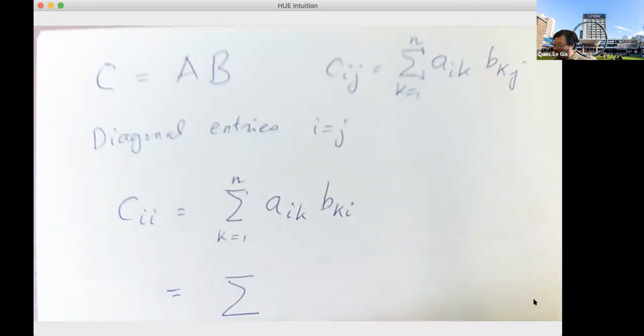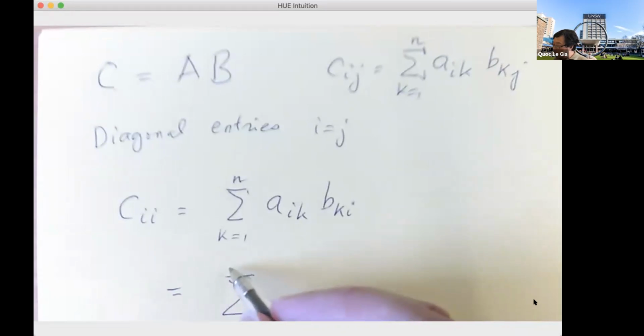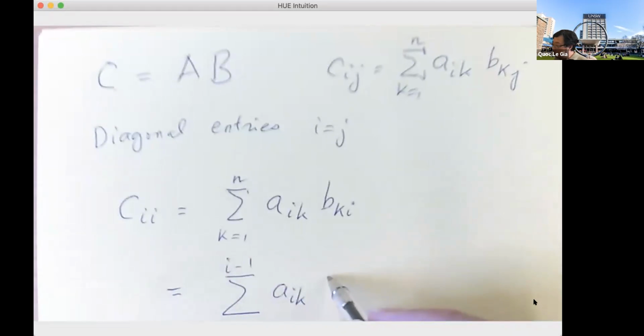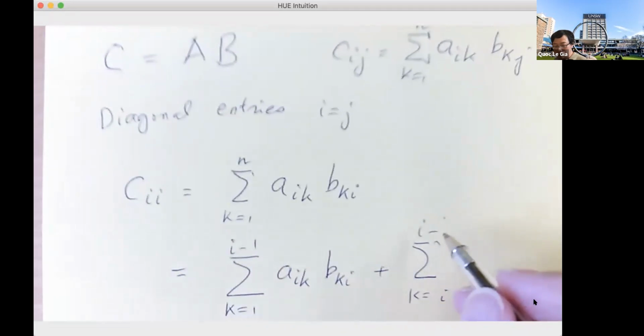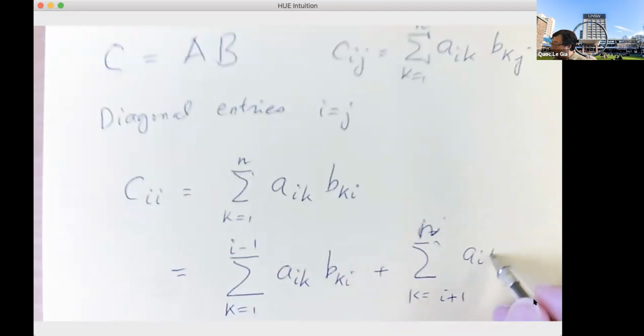The first is k running from 1 to i minus 1 of A_ik B_ki. So far so good. The next sum is k equal i plus 1 to n, because we already stopped at i, of A_ik B_ki.